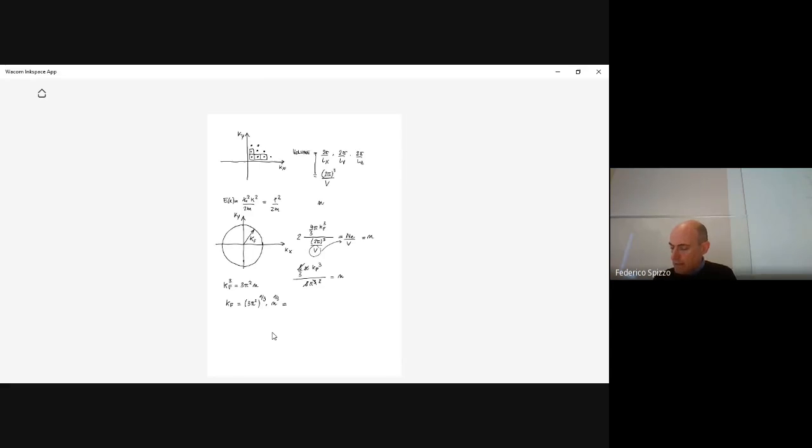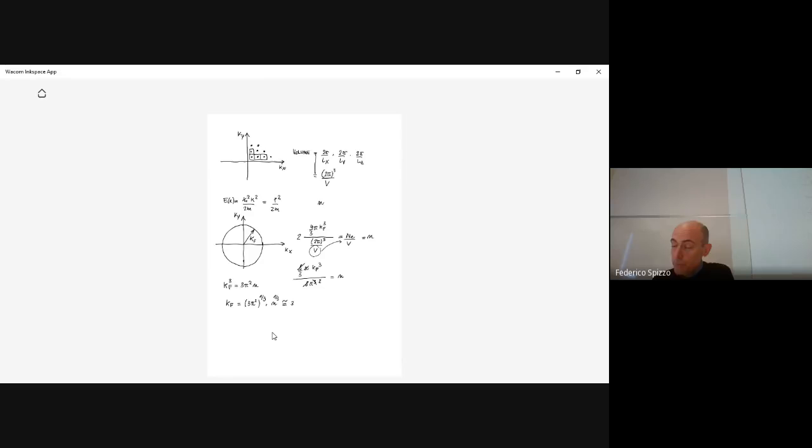So at the end, the cubic root of 3 pi squared is more or less 3. Then the density is of the order of 10 to the 28. It's larger than that, but the order of magnitude is 10 to the 28 electrons per cubic meter.